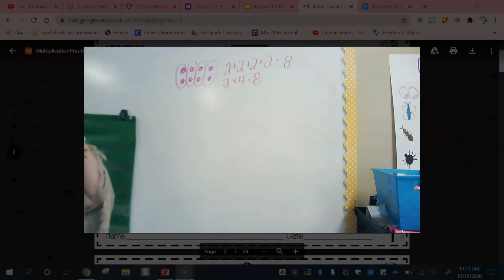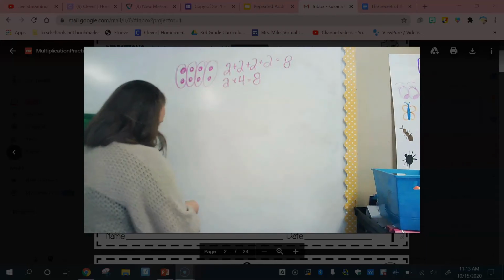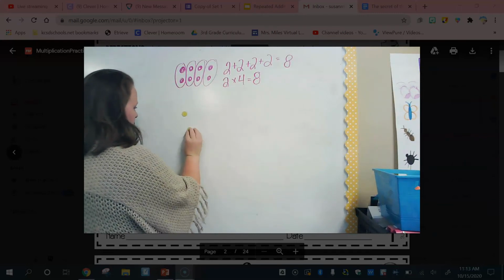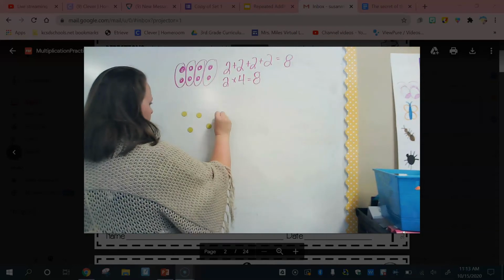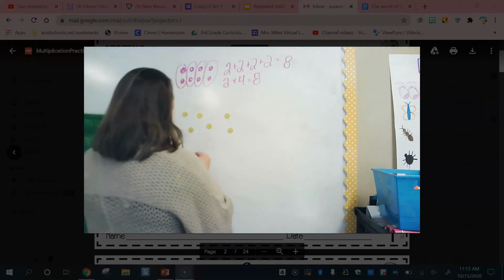I'm going to show you another one. I'm going to use little dots that I thought were magnetic, but at least they're not magnetic. These are my 10 frame dots, but hopefully they will help.